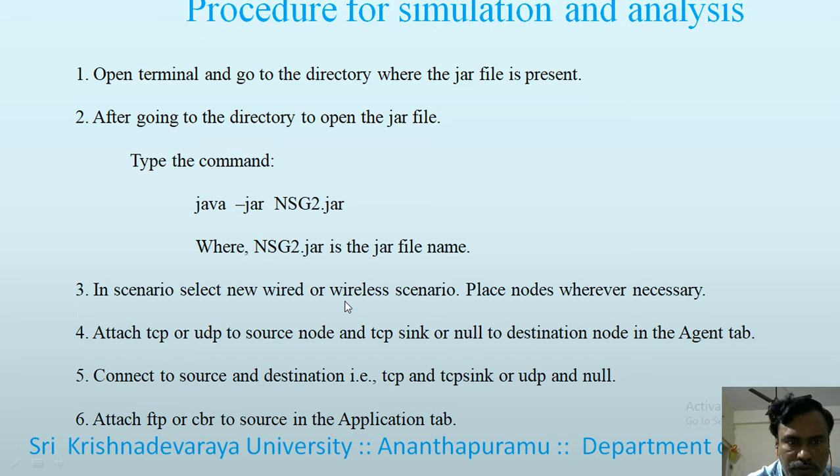In scenario, we have selected new wide scenario and selected some nodes, and then I have established the links between the nodes. Now the next step here is you have to decide what are the source nodes and what are the destination nodes, and then you have to select agent types and then application types. So that is what we are going to discuss next.